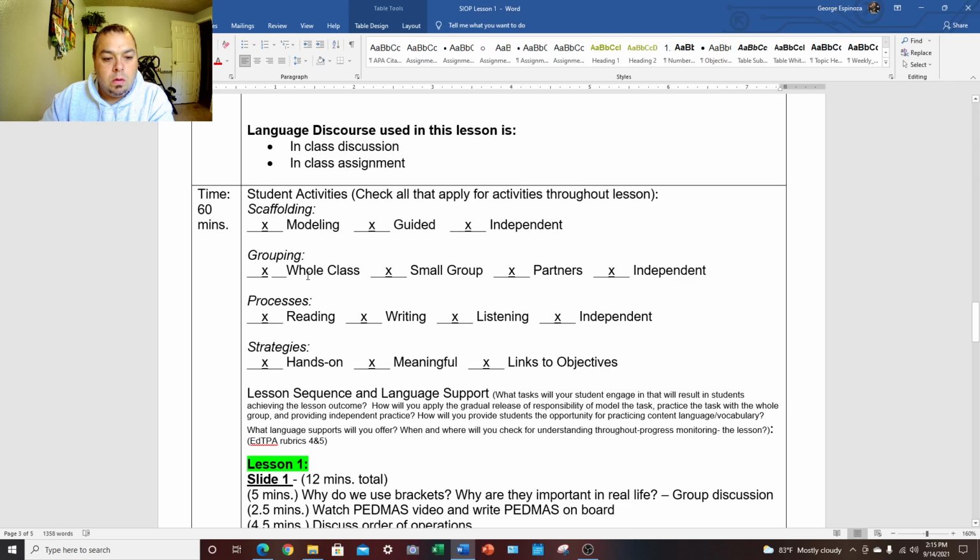In grouping, the whole class will do work, they will work in small groups, they'll work with a partner, and they will work independently. For the processes, they can do group reading, there will be a group cooperative learning assignment, they will listen as a group, and there will be an opportunity for independent work as well. And so that's that part.